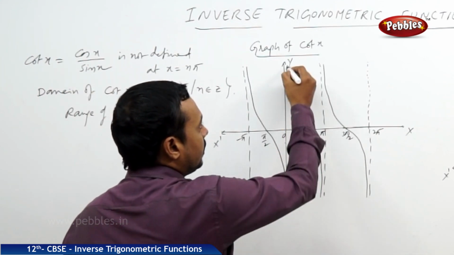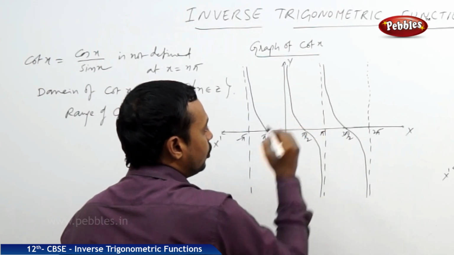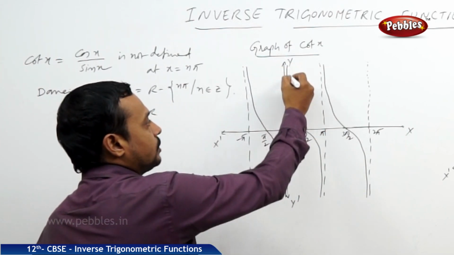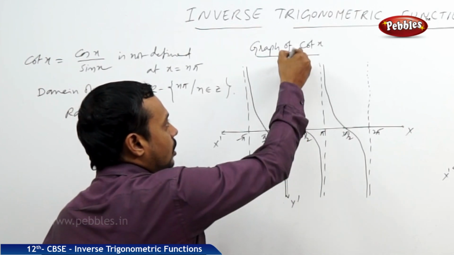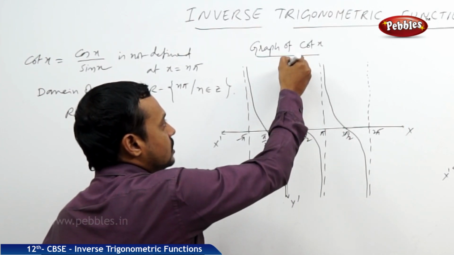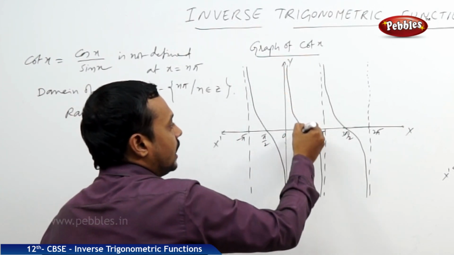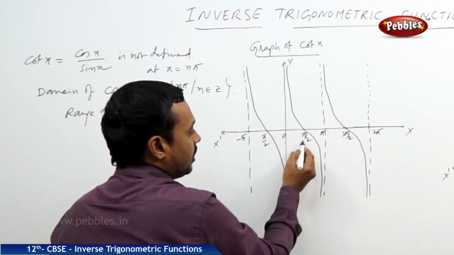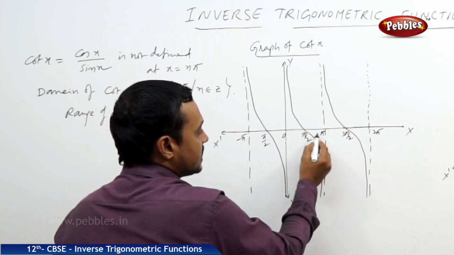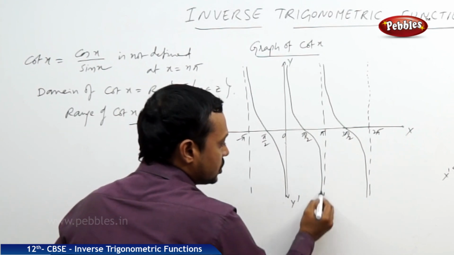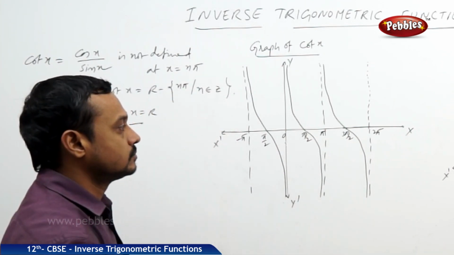So during the interval 0 to pi by 2, the graph is above the x-axis, I mean it is positive. At 0 the cot value starts at infinity, and as x is equal to pi by 2, it becomes 0. As x tends to pi, the cot tends to minus infinity.